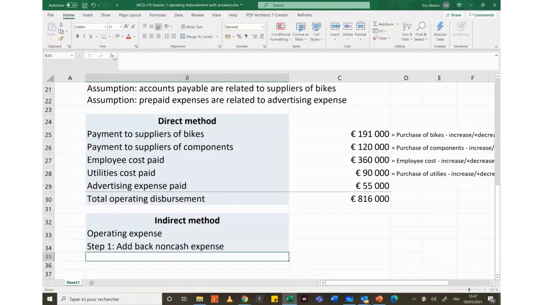And the step 2, change in current operating assets and current operating liabilities related to operating expense.